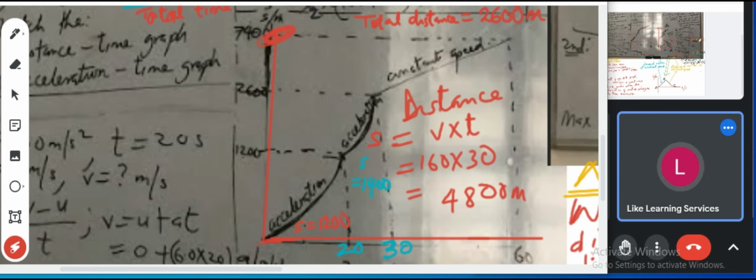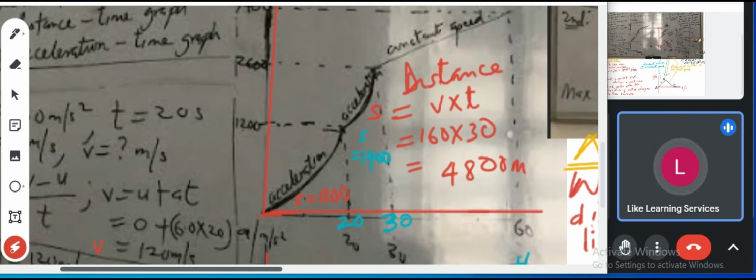To know what this position should be, you need to do 2,600 plus 4,800. That's how we came about 7,400, because all those positions must be plotted accordingly. You must indicate those key values: 20 seconds for 1,200, 30 seconds from the start, now 2,600, and 60 seconds from the start, now 7,400. So that's plotted.